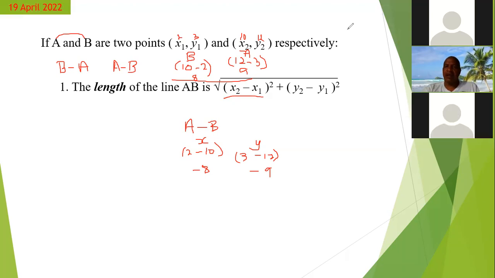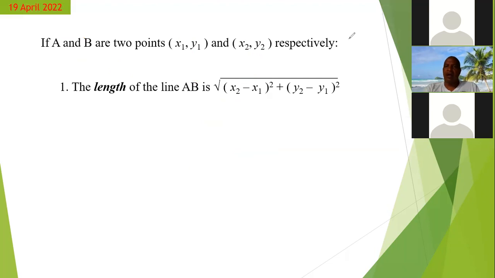Yes, sir. All right, so with that said, if you're calculating the length of this line, you would just put those values in the formula. Based on the numbers that I had used, the x value would be 8, and we'd have 8 squared.